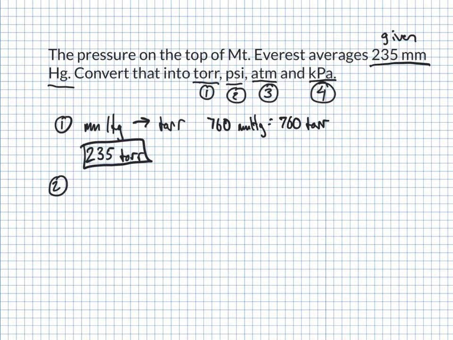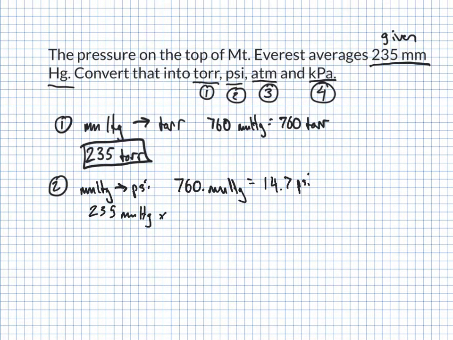PSI. Okay, so if I'm going to go from millimeters of mercury to PSI, that conversion is between 760 millimeters mercury and it's going to equal 14.7 psi. So I'm going to start with my given, which is the 235 millimeters mercury.